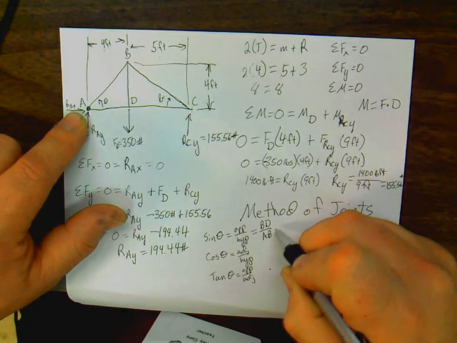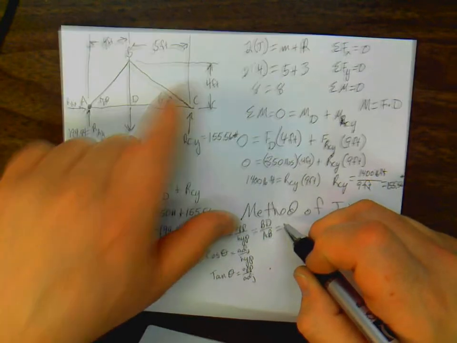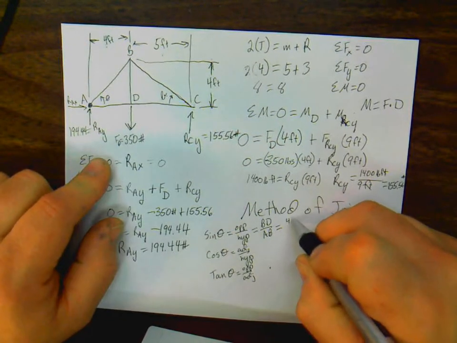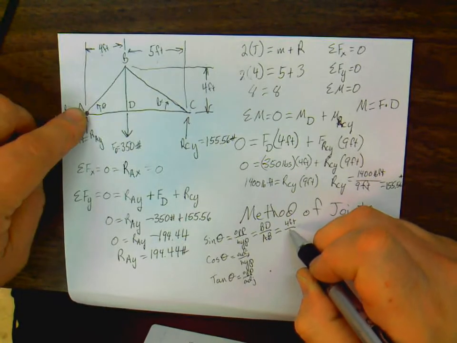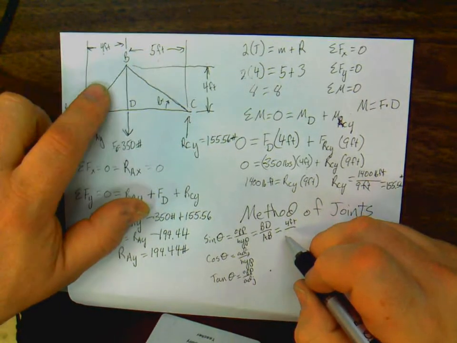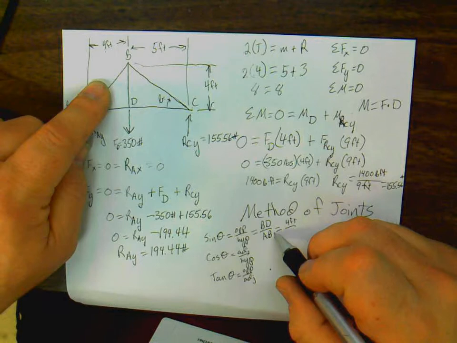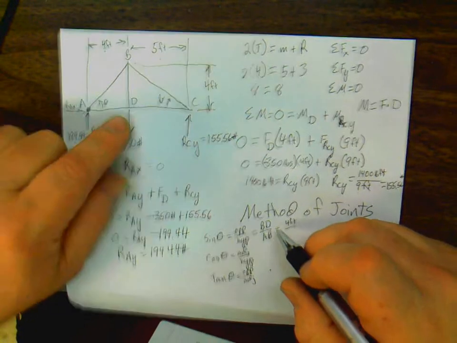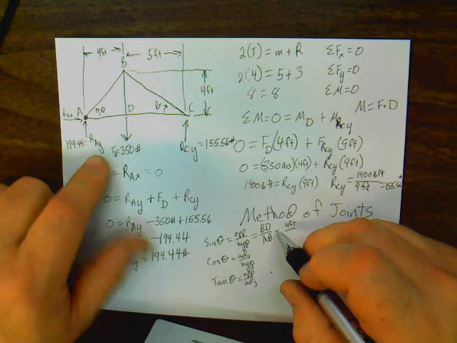BD is 4 feet, and AB, we don't know what that is. We have no idea. So not a good one for us to check. However, I do know AD and BD, so I know the opposite and I know the adjacent.